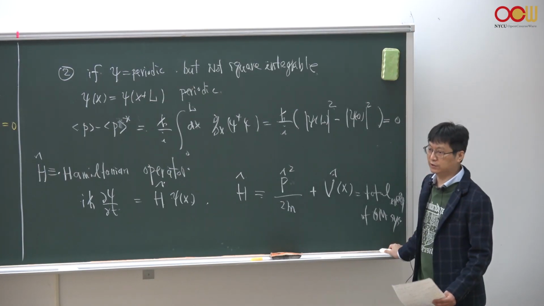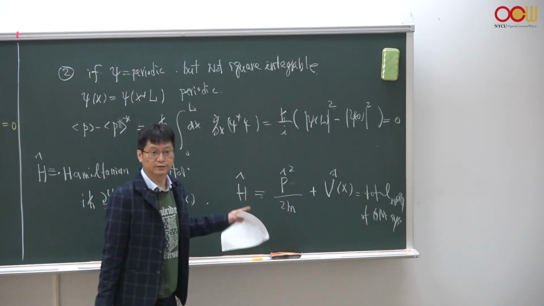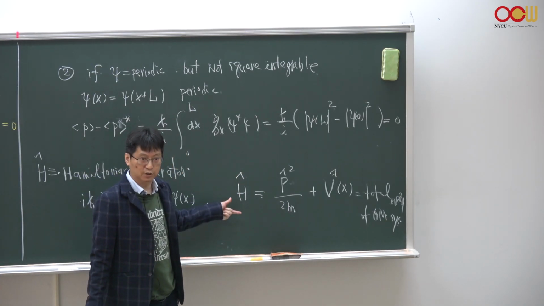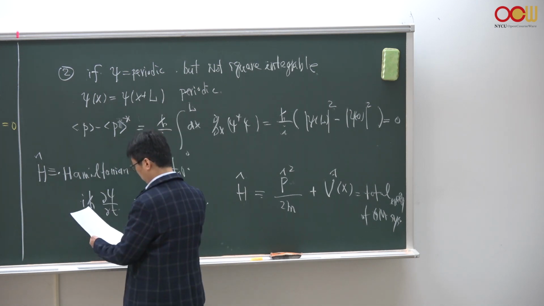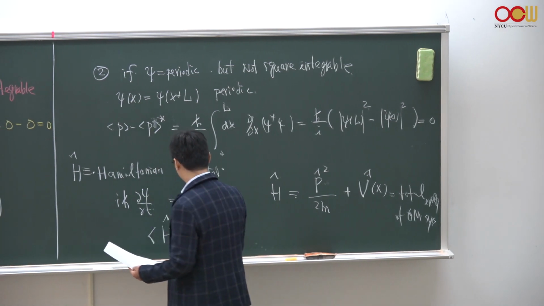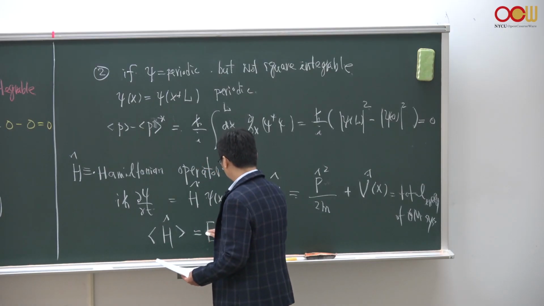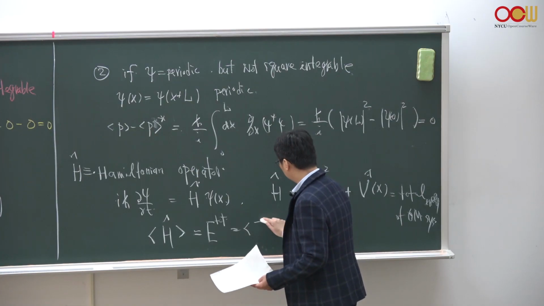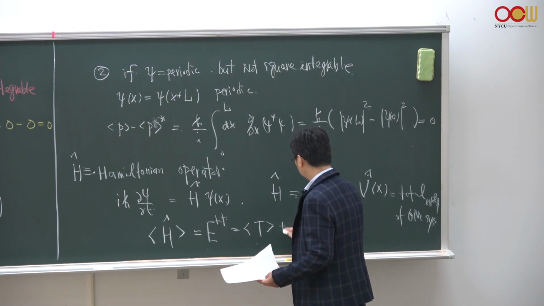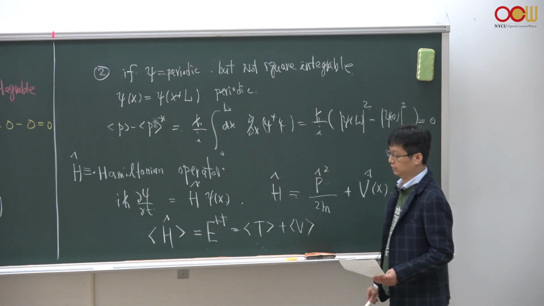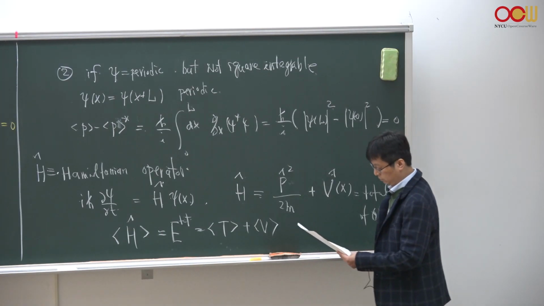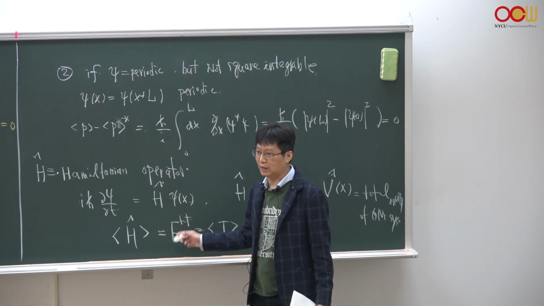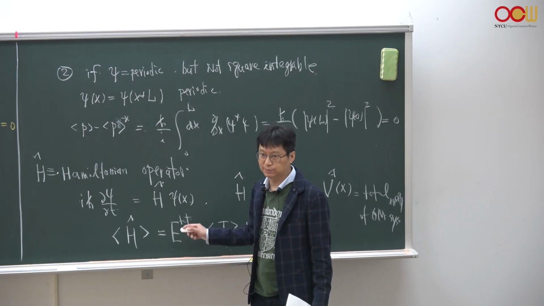For a quantum mechanical system, when you try to evaluate the total energy, you must evaluate the expectation value of the Hamiltonian operator. This leads to the total energy of your system, which is the sum of the expectation value of the kinetic energy plus the expectation value of the potential energy. Since energy is a quantity that you can measure in the laboratory, it must be real.